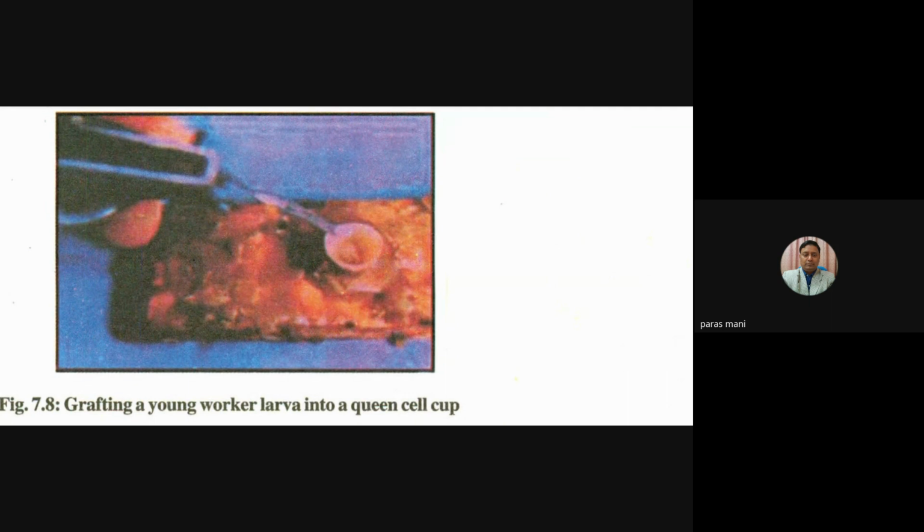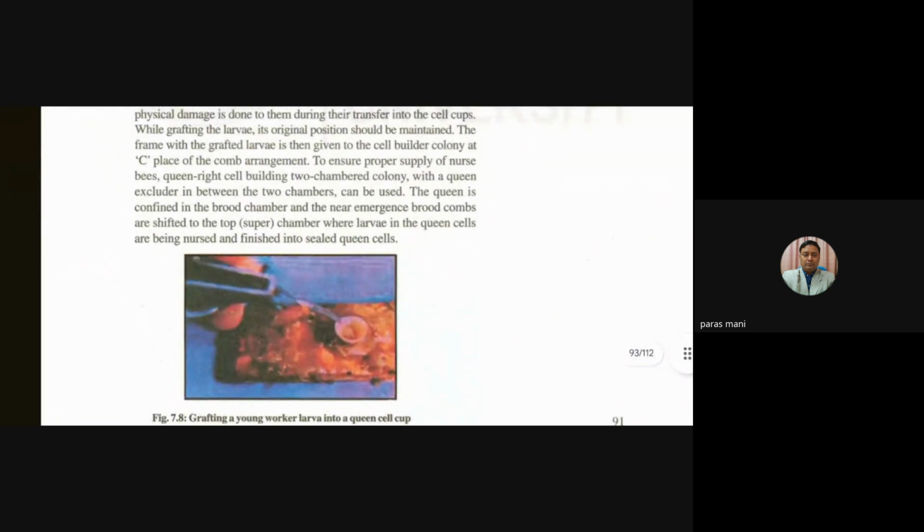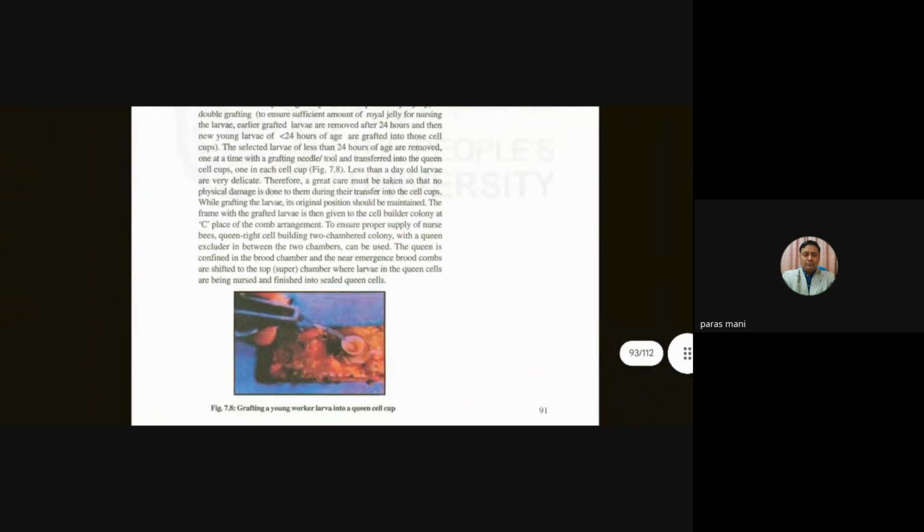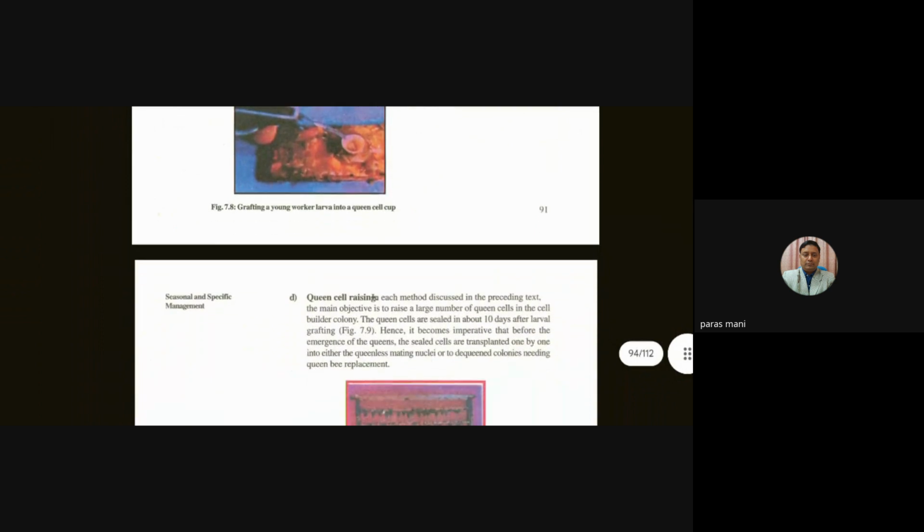Each cell of worker larva has royal jelly in it. Initially, for 2 days, royal jelly is fed to all the worker larvae. And in such queen cup cells, if larvae are present, they are fed all the time with royal jelly, with a larger quantity of royal jelly.